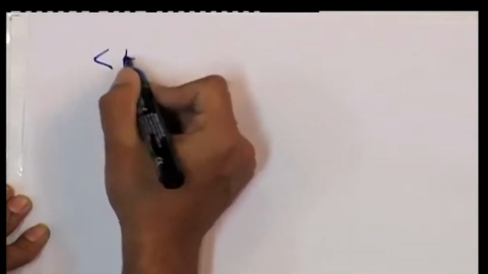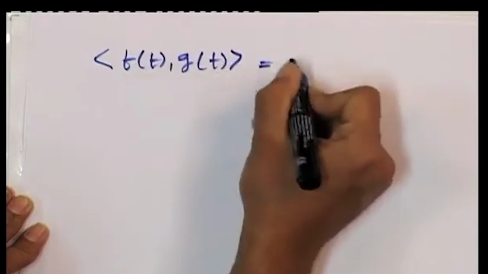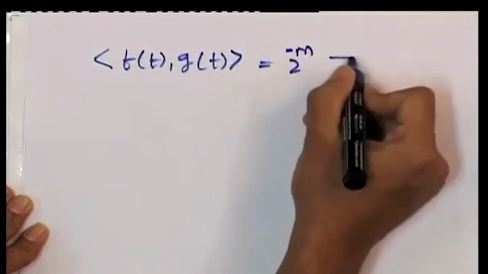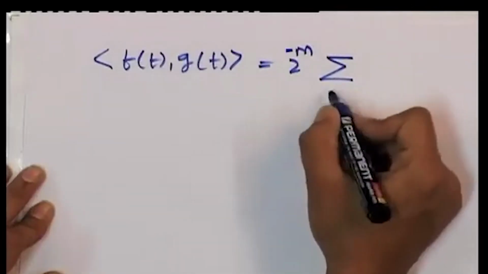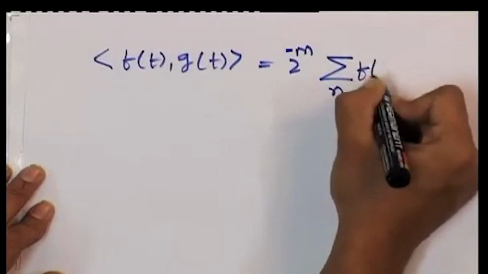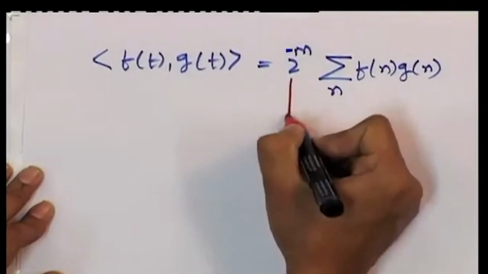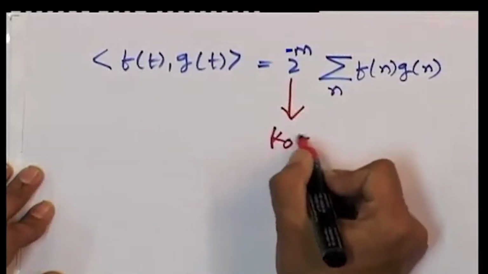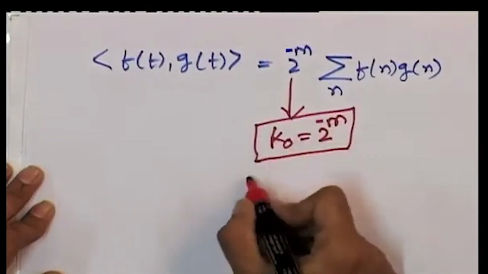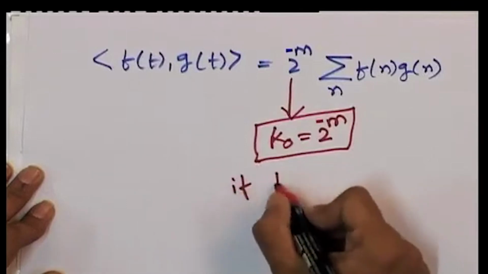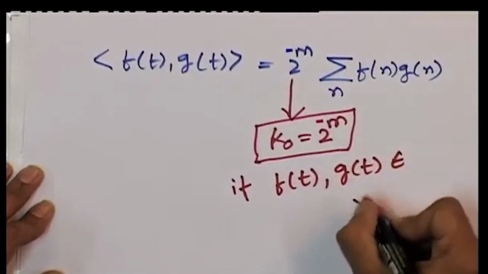Hence we proved that the inner product of Ft and Gt is equal to 2 raised to minus m times the sum. We will replace this dummy variable L with n. This is the value of K0 that we want to find out. K0 is equal to 2 power minus m if Ft and Gt both belong to Vm.